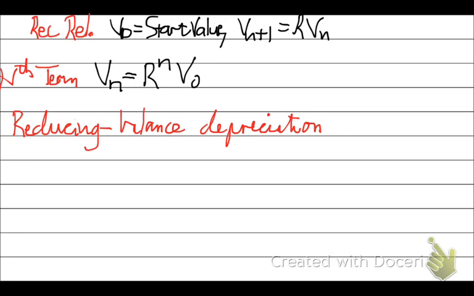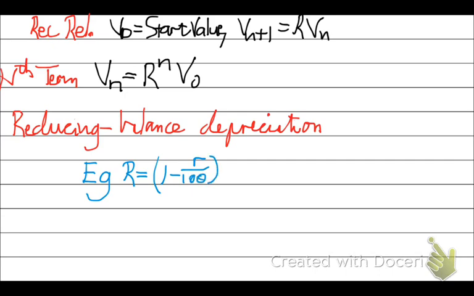If it was decay, our R value would be less than 1, and the same for reducing balance depreciation. So our R value would equal 1 take away R over 100.